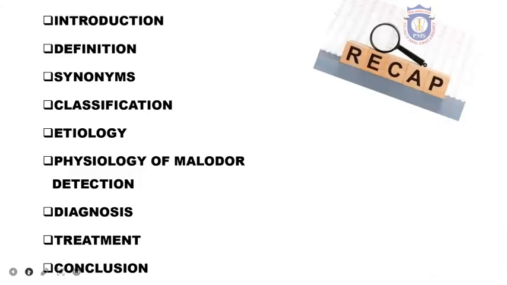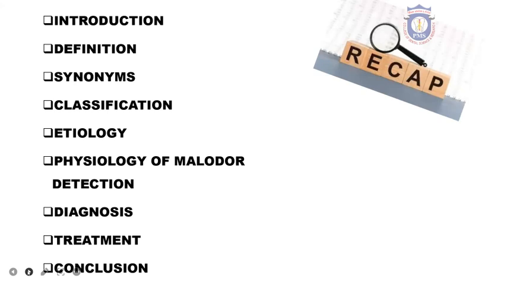So coming to the conclusion, today we discussed the introduction, what is oral malodor, how we define oral malodor or halitosis, what are the synonyms we use for halitosis, and the classification. It includes genuine halitosis, pseudo-halitosis, and halitophobia. Genuine halitosis is again classified into physiologic halitosis as well as pathologic halitosis.